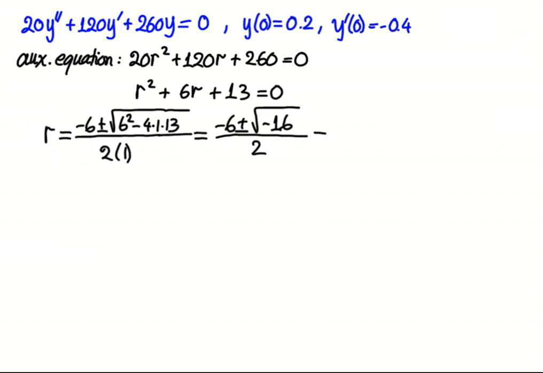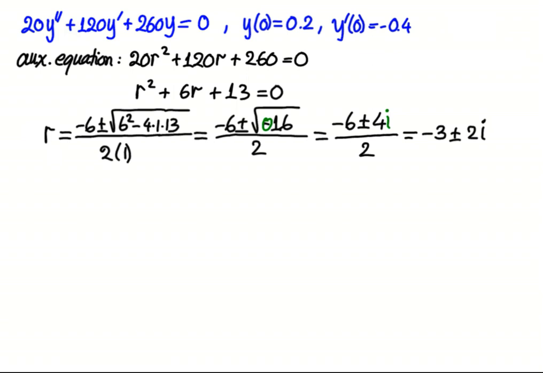Square root of negative 16 is 4i. All of them are even, so I reduce by 2: negative 3 plus or minus 2i.